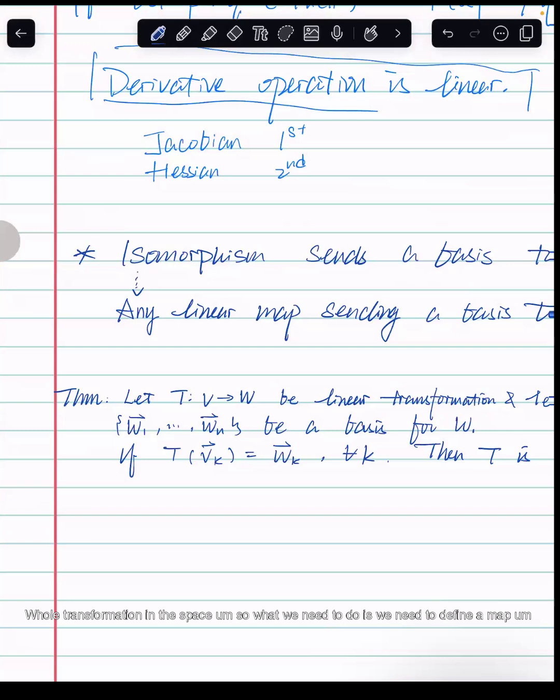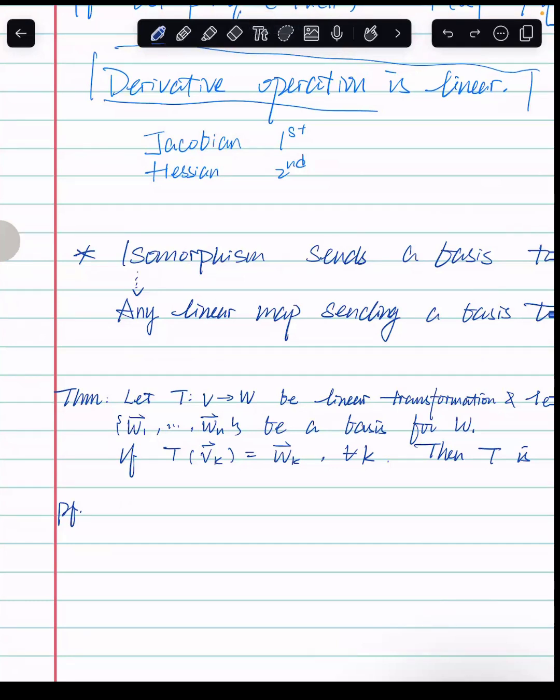So all we need to do is define the map that can be the inverse of this transformation. Again, to define a transformation, we can define it only on the basis.